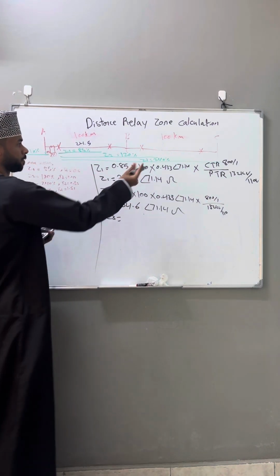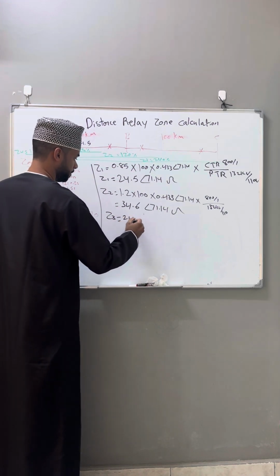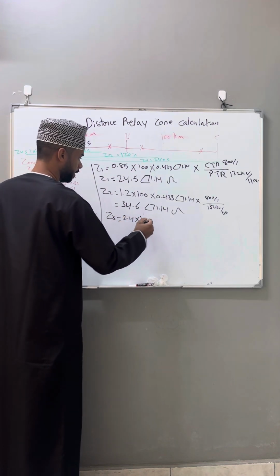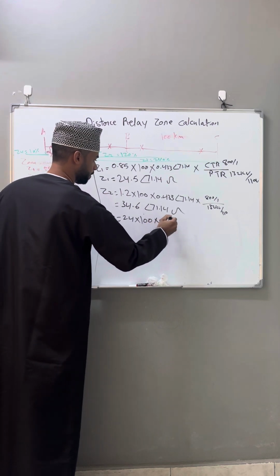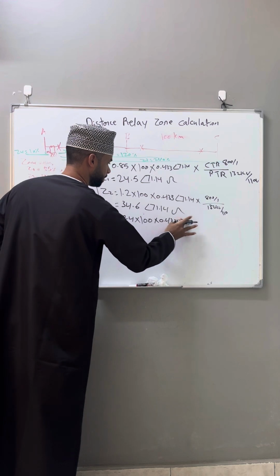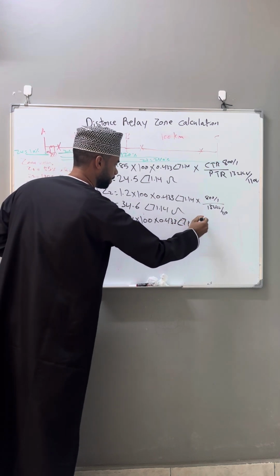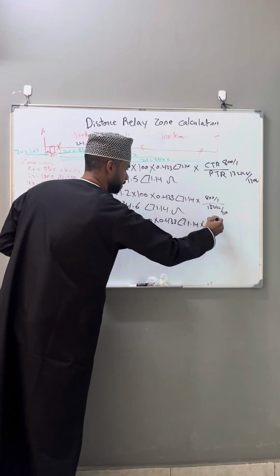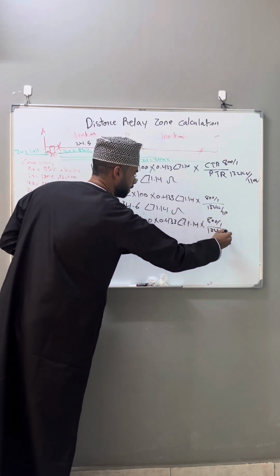And zone 3, same thing. Zone 3 protects 240%, so 2.4 multiplied by the line length of 100 kilometers, multiplied by 0.433 with angle 71.14, multiplied by 800 by 132 kV by 110 volt.